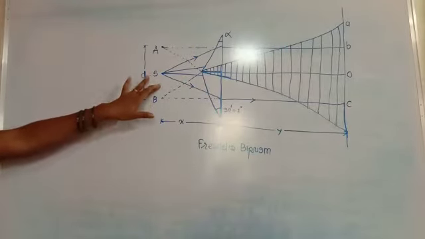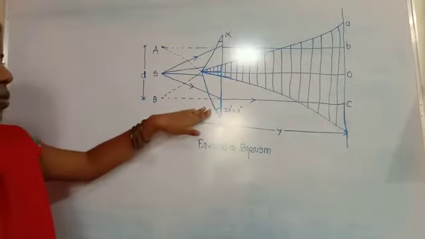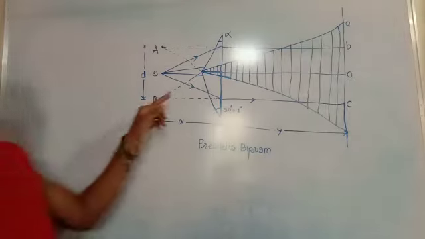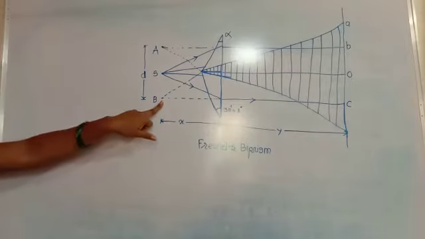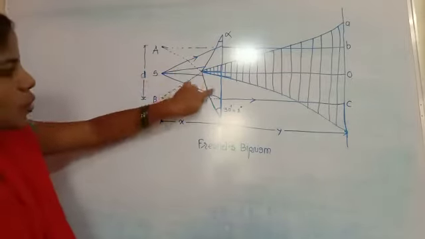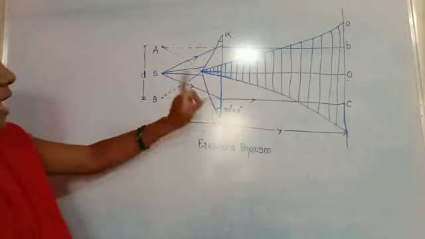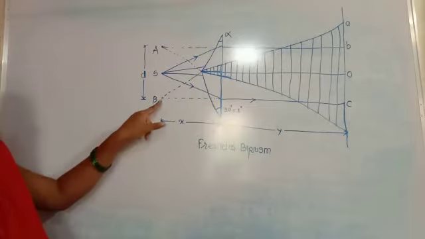When the light from the source falls on the lower portion of the prism, after refraction it appears to come from the virtual image B. Means this light falls on the lower surface, and after refraction it appears as a virtual image B.